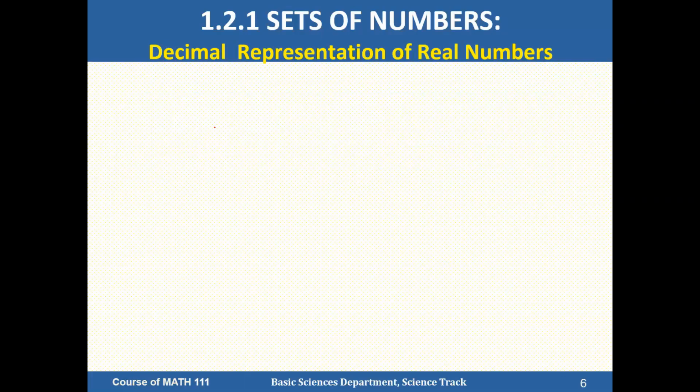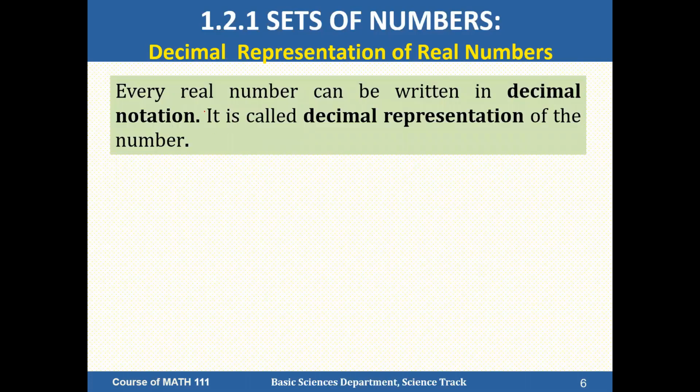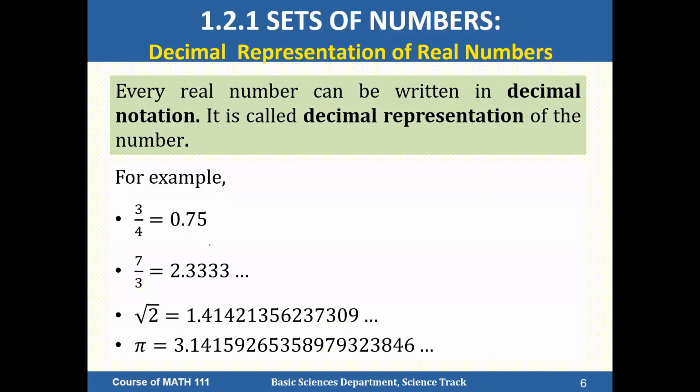Decimal representation of real numbers. So every real number can be written in decimal notation. These are some examples. 3 over 4 can be written as 0.75. 7 over 3 can be written as 2.3333.